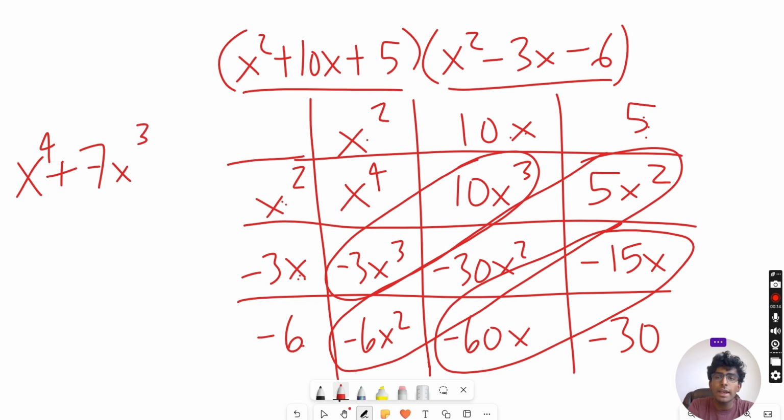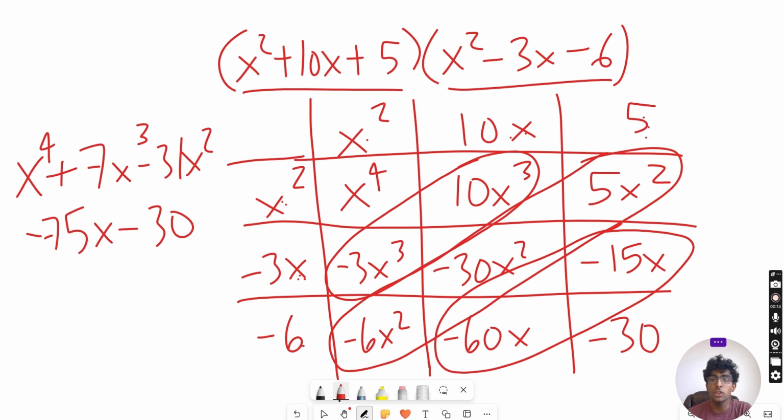And then 5 minus 30 is negative 25, minus 6 is negative 31x squared. Sorry for it not all fitting in one line. Actually, we don't want a plus here. Negative 15 minus 60 is going to be minus 75x, and then minus 30. So that would be your answer. Again, I don't think you'll get this on the SAT or PSAT, but it's just good to know.